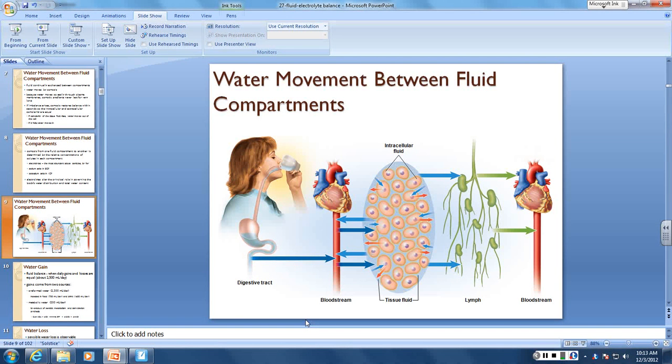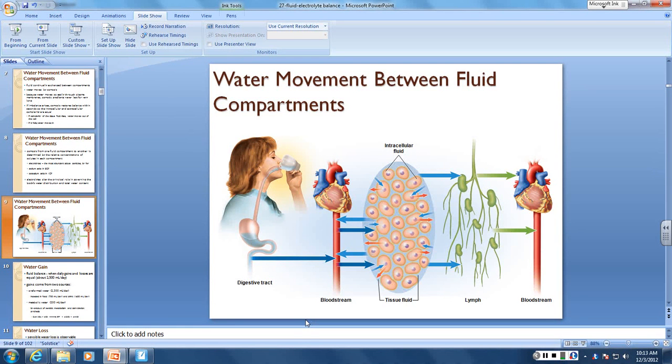But what determines whether that water is going to move from the bloodstream to the tissue fluid? Osmolarity. So if blood has a higher osmolarity, are y'all with me? Just think about that. If there's an increase in blood osmolarity, what do we say that means?